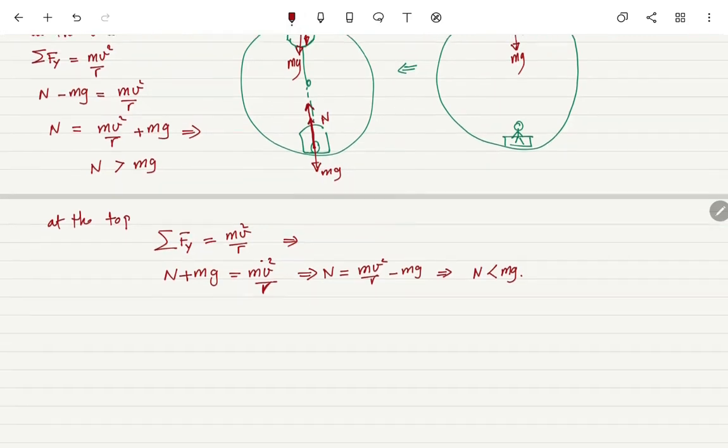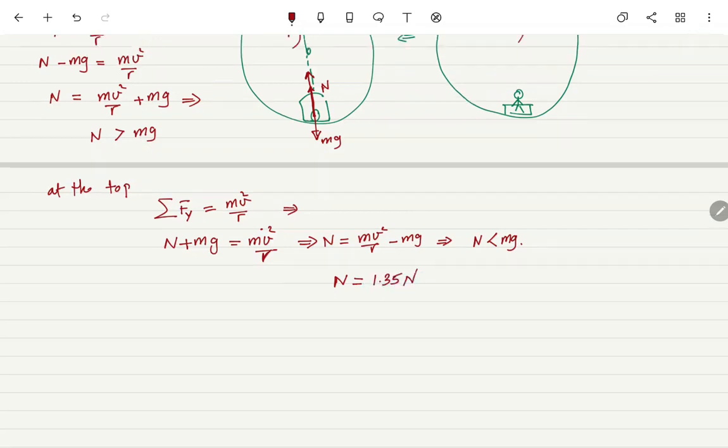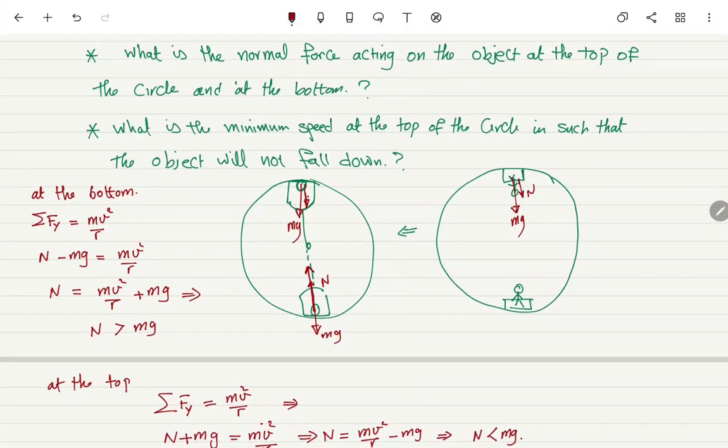By substituting numbers here, you will find the normal force equal to 1.35 Newton. Now to solve the second part of the question: what is the minimum speed at the top of the circle in such a way that the object will not fall down?